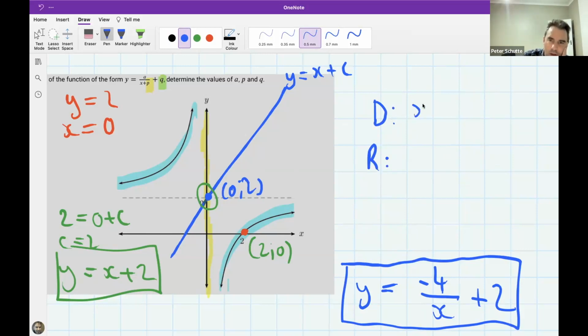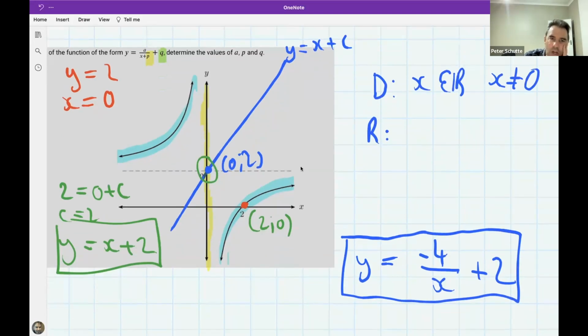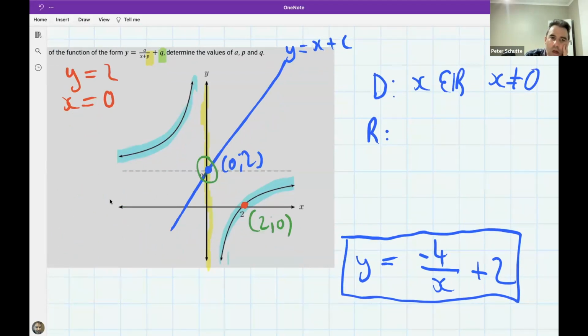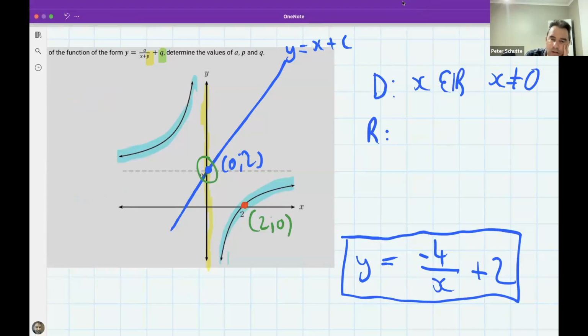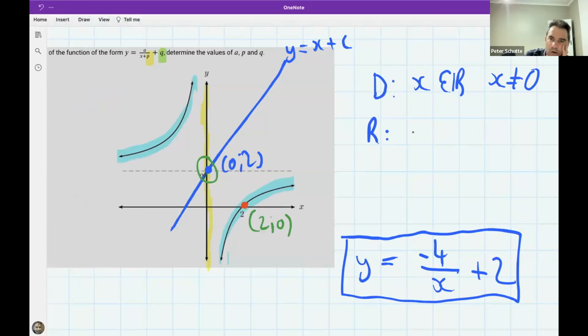Well, x can be any real number except x cannot be 0. And what about the range? y would be any real number, but y could not be what?